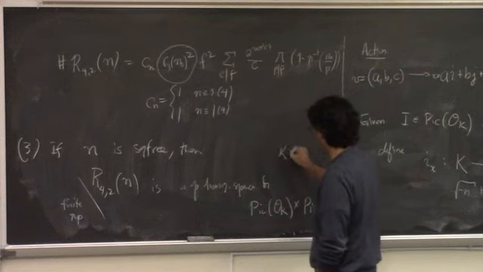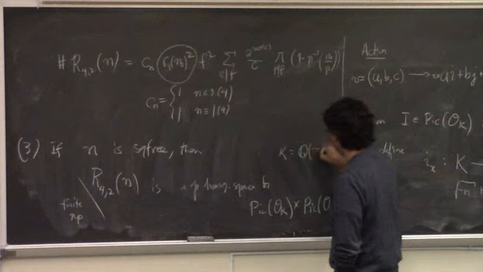K is again the imaginary quadratic field, the square root of minus n.